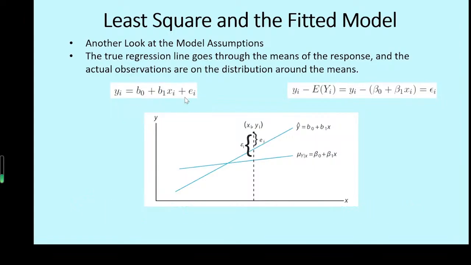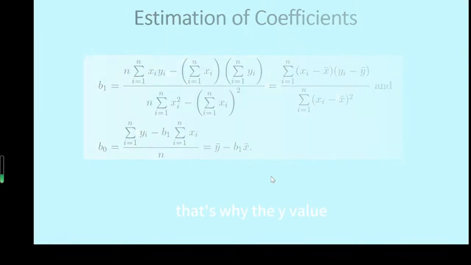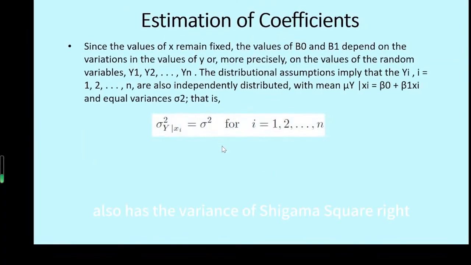And this error term is the counterpart of the theoretical error term epsilon. So this e_i we assume is an independent, identically distributed random variable, and its variance is fixed for different values of x. So this error term has a variance sigma square. That's why the y value also has the variance of sigma square, right?